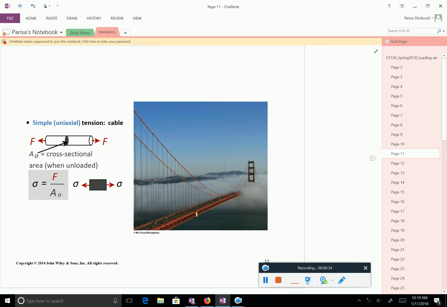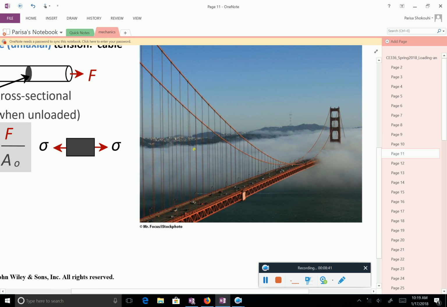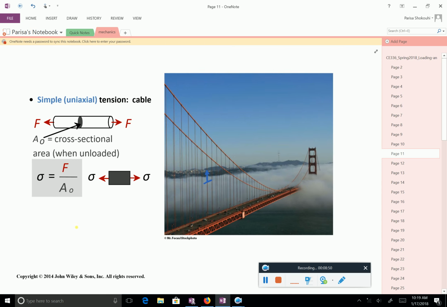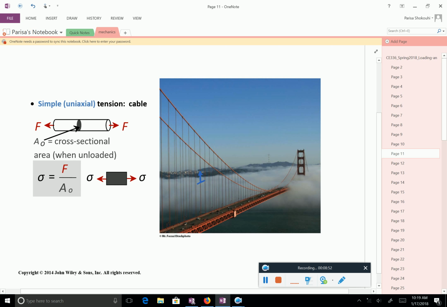Right? Look at these cables here. If I take one of these cables and I cut it, all I would see is a tensile force. It's pulling the deck. You agree? So if you were to calculate the stress, you would just divide this force by the area.